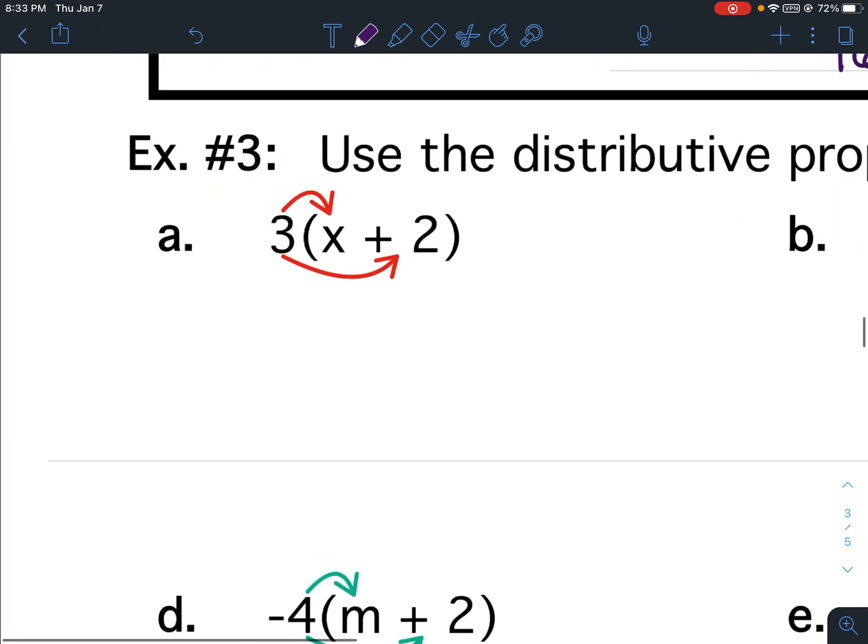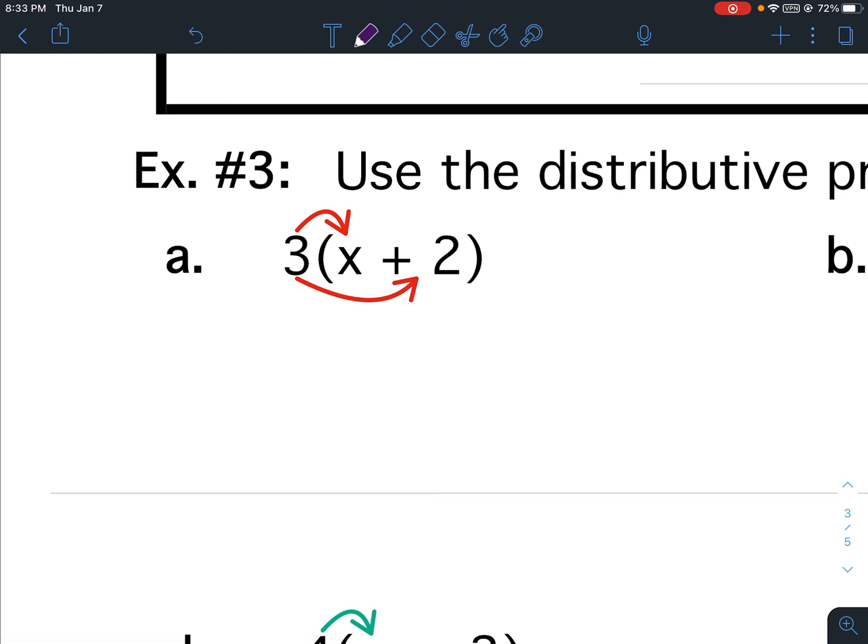All right. So for example 3a, 3 times x would give me 3x. 3 times 2 is 6. Now, since that's a positive 6, I put a plus sign in between.